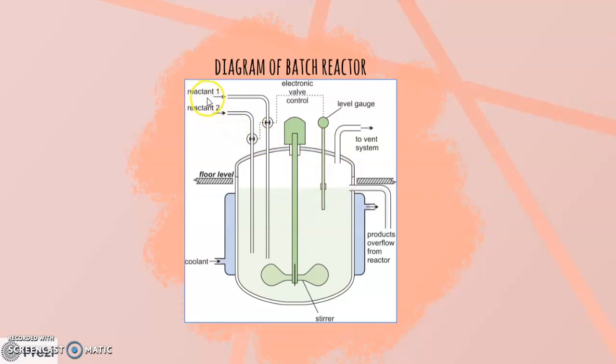So we have two places for reactant to enter the column, and then we have electronic valve control, we have level gauge, we have two vent system, products will overflow from reactor, and this is stirrer, and we have coolant, and also we have flow level. Alright, so Ashikin will explain more on how it works.